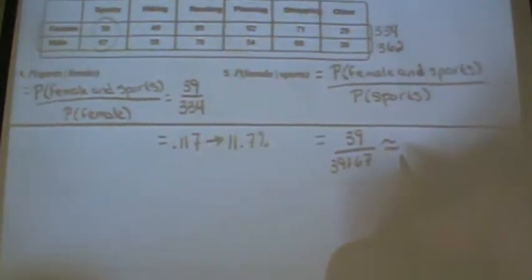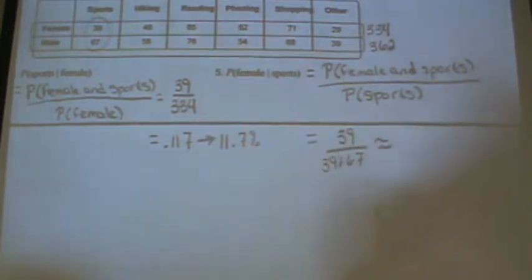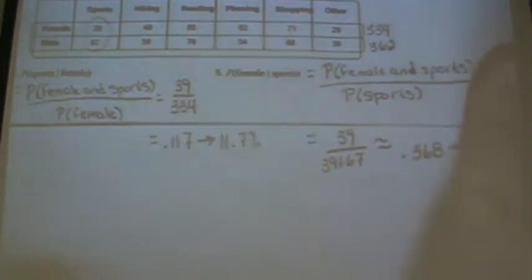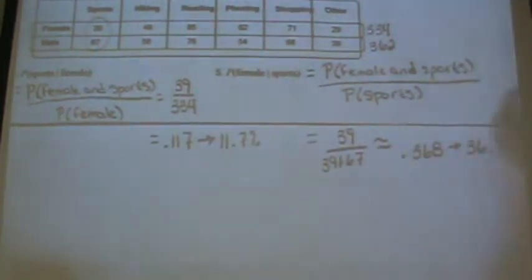And we'll get our decimal when we plug this into our calculator. We get 0.368, which translates to 36.8%.